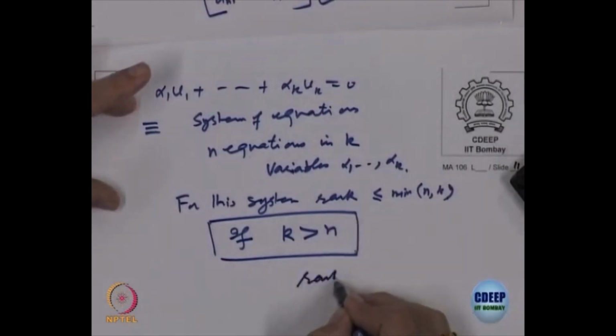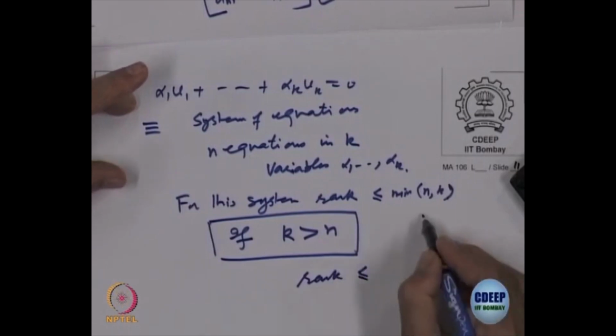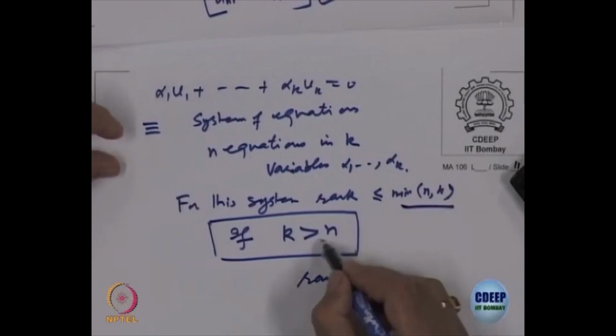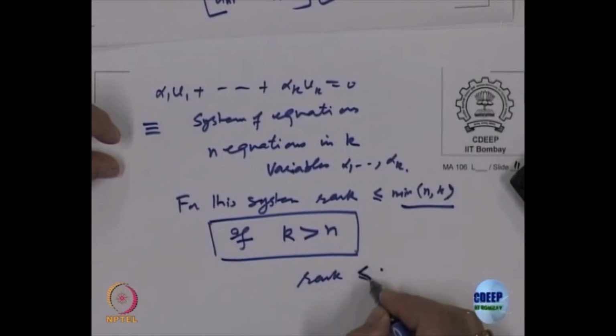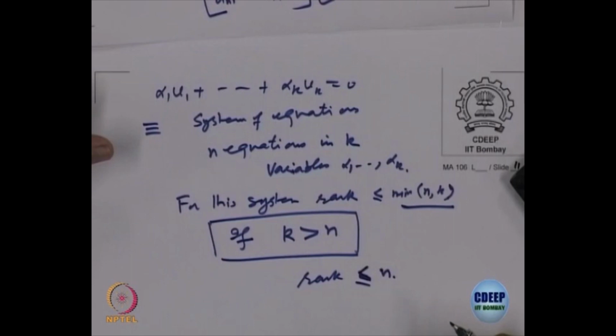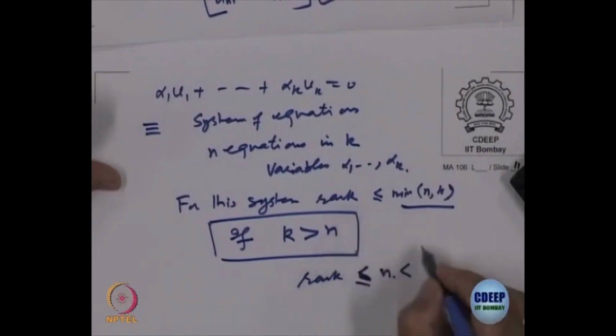Then the rank will always be at most the minimum. What is the minimum of k and n? That is n. The rank will be less than or equal to n, which will of course be less than k.